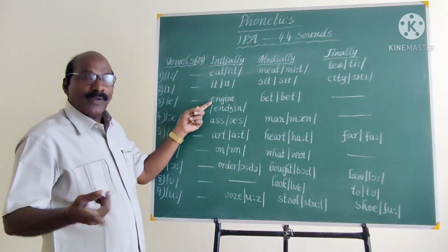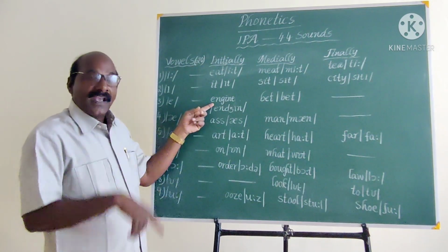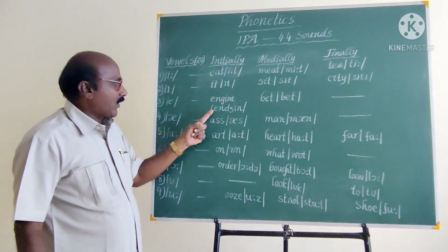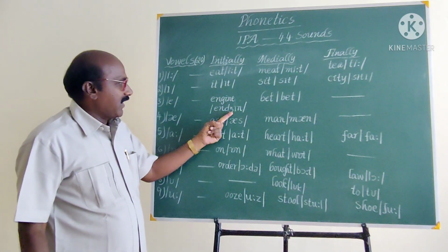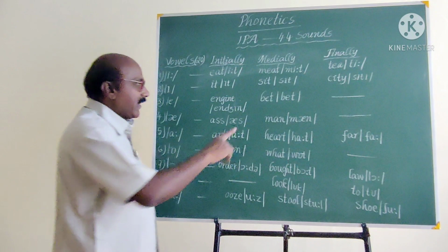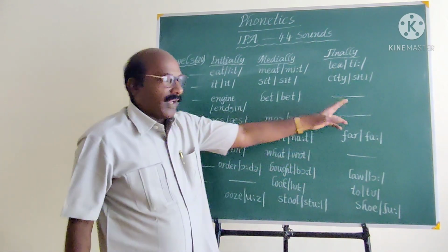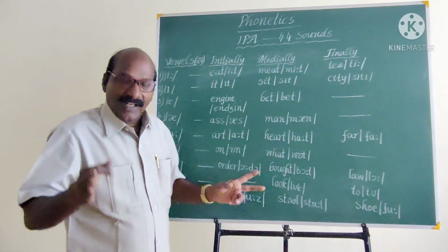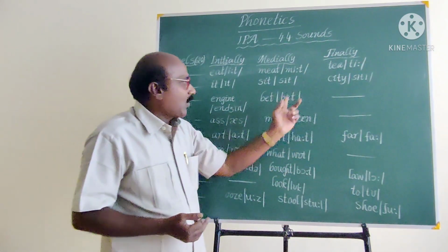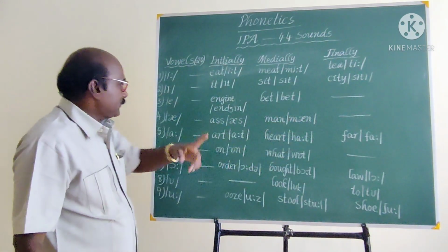There are many people who mispronounce it as engine. This is not E, it is A. The initial sound is A, engine. And medially it occurs, bet. And finally, no word in English ends with the sound of A. So finally it doesn't occur.